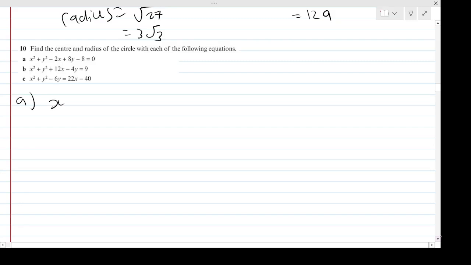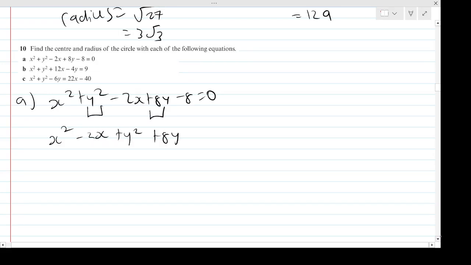So first we have x squared plus y squared minus 2x plus 8y minus 8 is 0. Firstly, let's group the x terms together. So we have x squared, then minus 2x. Then we do the y part, so we add y squared, add the 8y. Then we have the minus 8 on the end. Then we're going to complete the square on the x and the y parts because they're both quadratics.